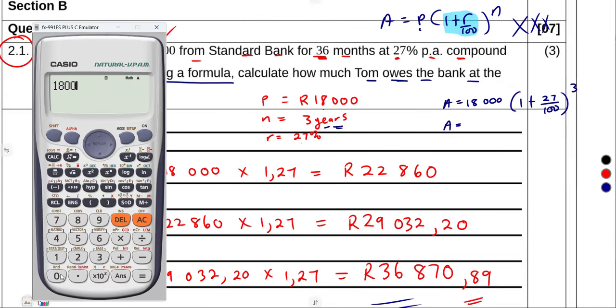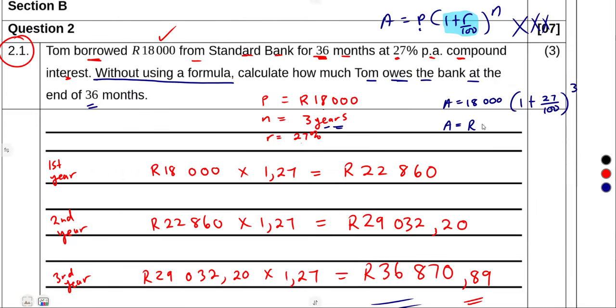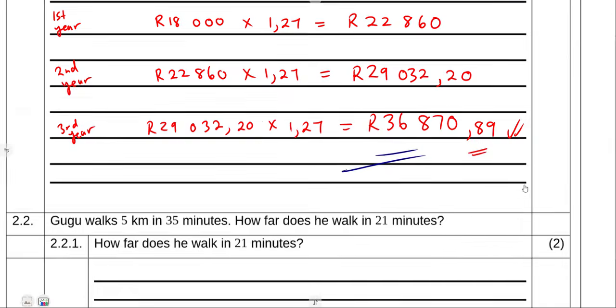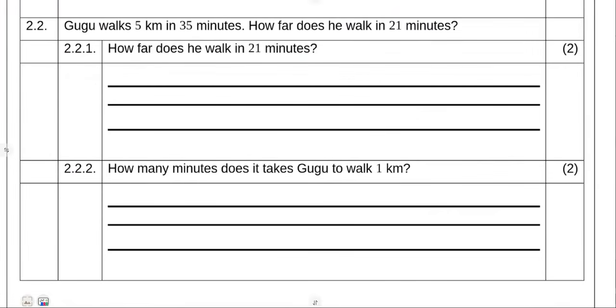But remember, this is just a proof to see if your answer is correct. We can see that it is exactly the same answer that we obtained here, which is 36,870.89 to 2 decimal places. So it is the exact answer that we obtained before by not using the formula. This is just a proof, if you are using a formula, to see if your answers are actually correct.